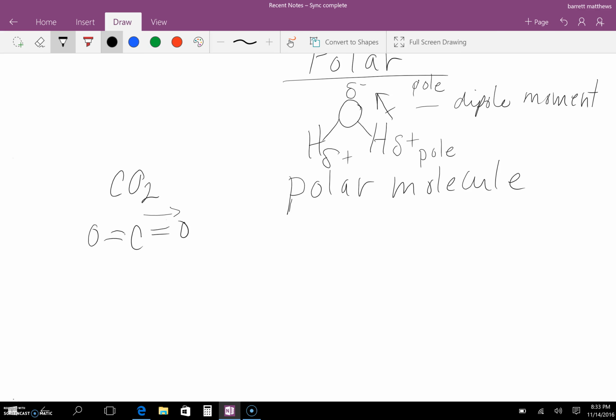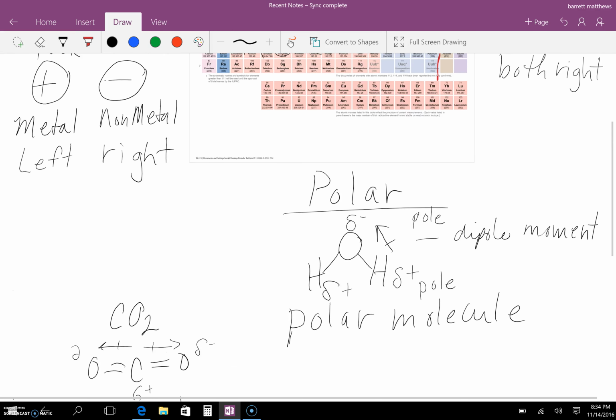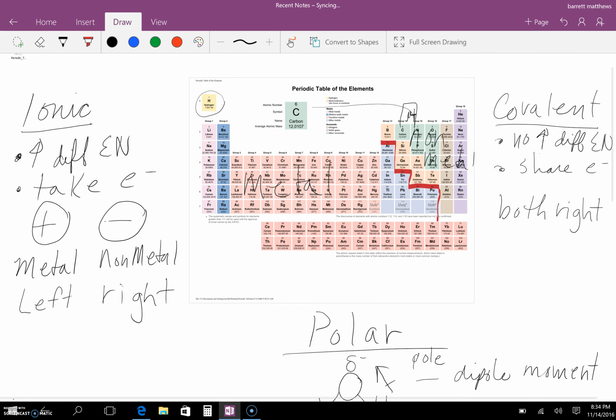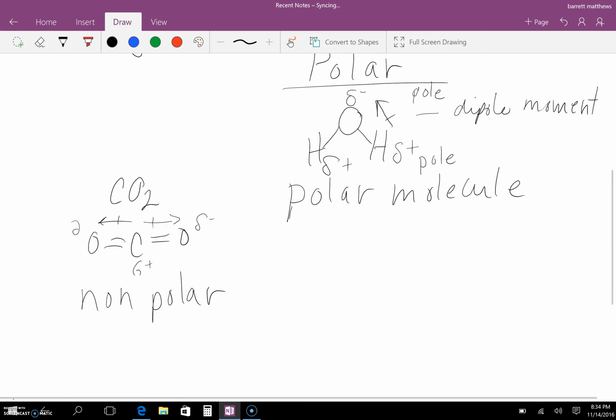So there is a pull, but the pull is equal, right? And so because the pull is equal, there will be no clear winner. So this is non-polar.